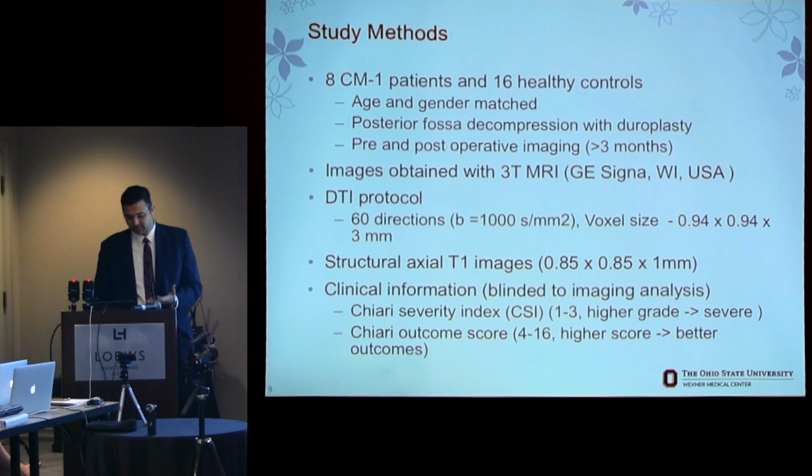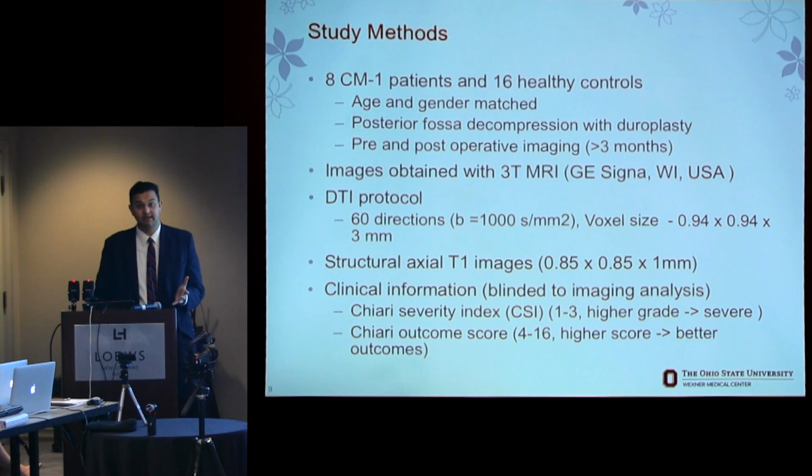And we tested this hypothesis in 8 patients with Chiari 1 and 16 healthy controls. The controls were age and gender matched, and we did a posterior fossa decompression with duroplasty in all of these patients. All of these patients improved afterwards, and I'll show you the data about improvement as well.